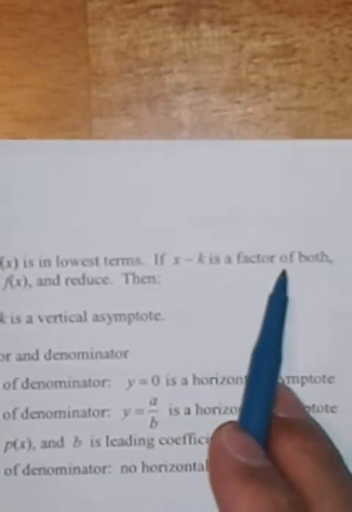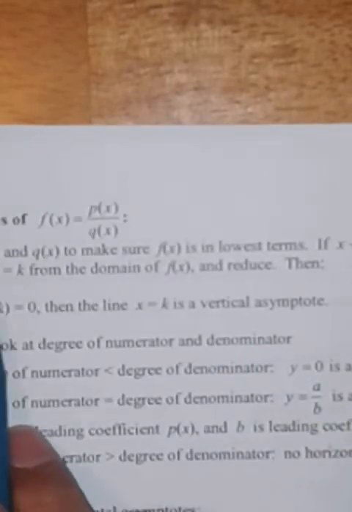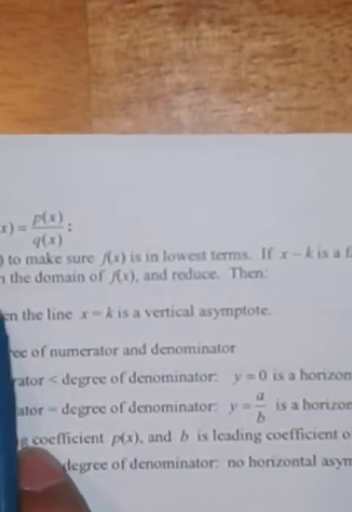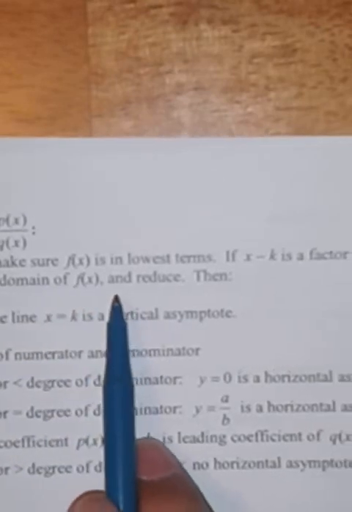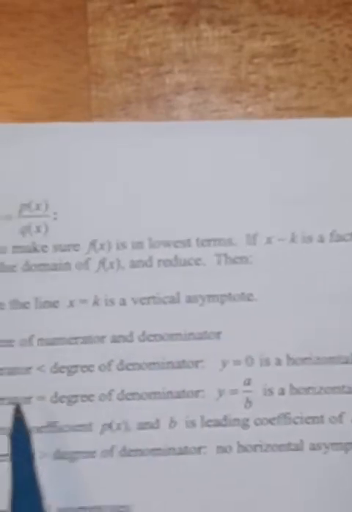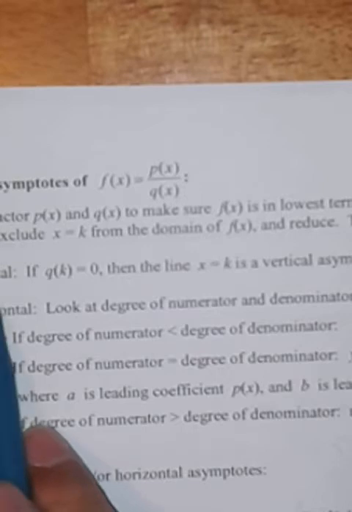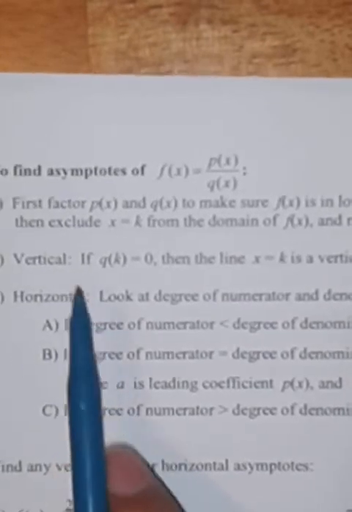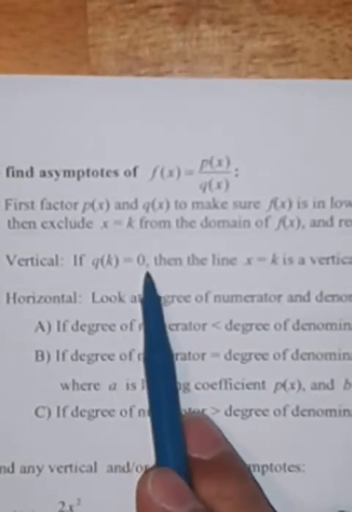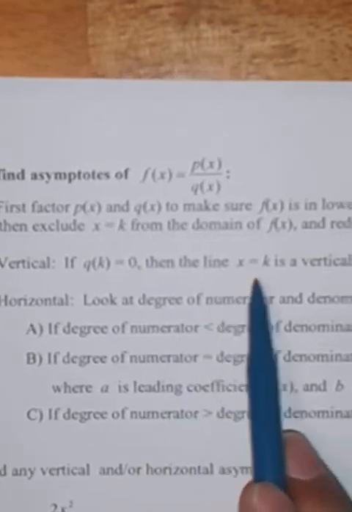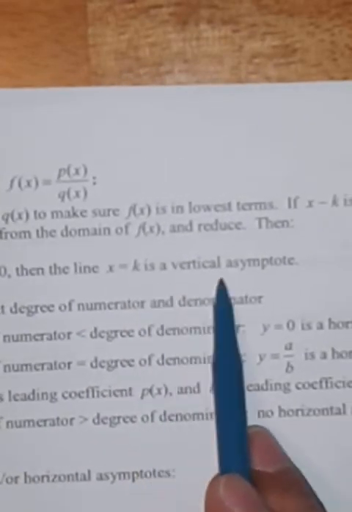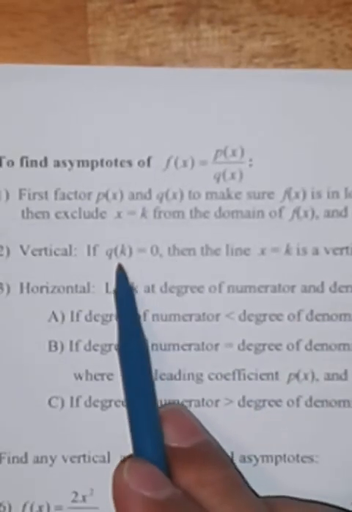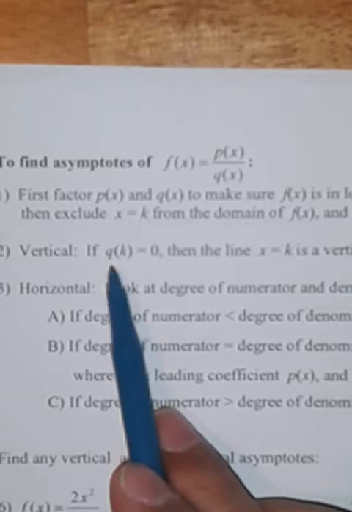If x minus k is a factor of both, then exclude x equals k from the domain and reduce. Then, number 2, to find the vertical asymptotes, if q of k equals 0, that means if k is a 0 of the denominator, then the line x equals k is a vertical asymptote.